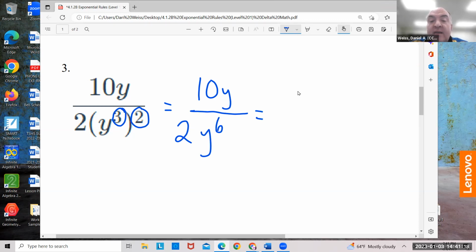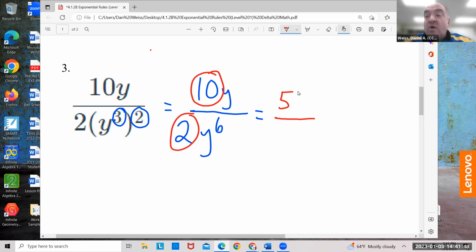Now I'm going to take 10 divided by 2. 10 divided by 2 is 5, right? And then y over y to the 6th, 1 y on top, 6 y's on the bottom. 6 minus 1 is 5. 1 y cancels, so you're left with y to the 5th on the bottom.